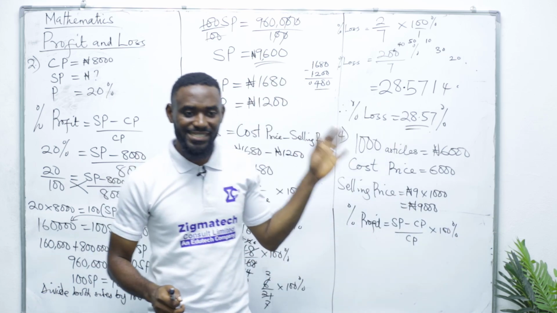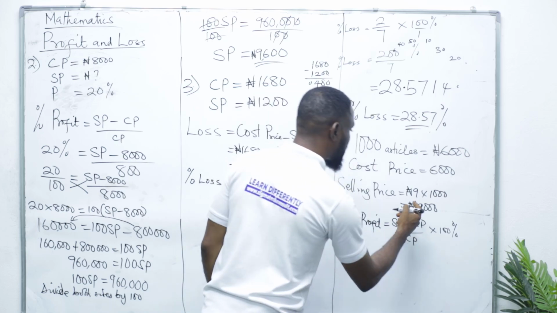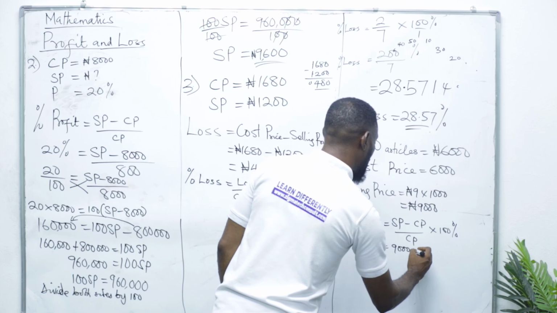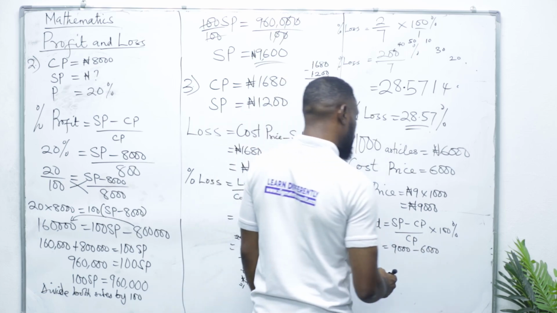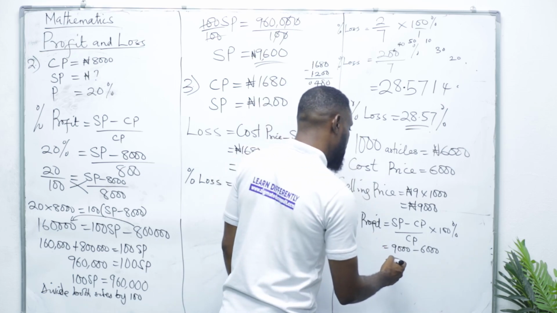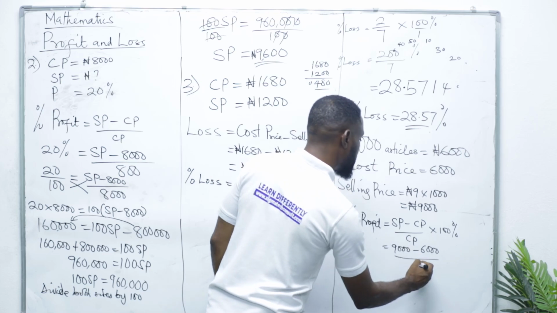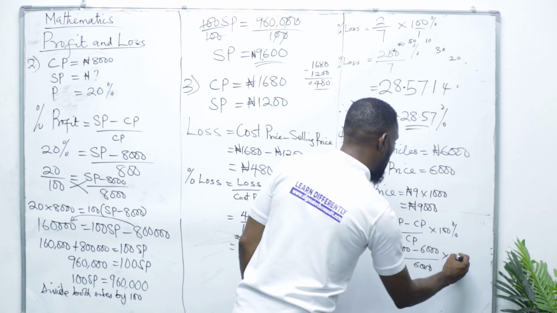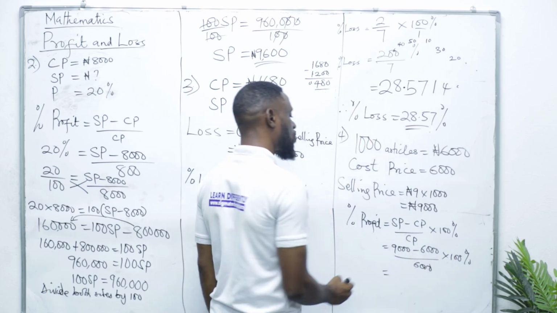That is our percentage profit. Now, our selling price is 9,000, while our cost price is 6,000. Then our cost price again here is 6,000. Times 100%. So let's look at that and see what we get.